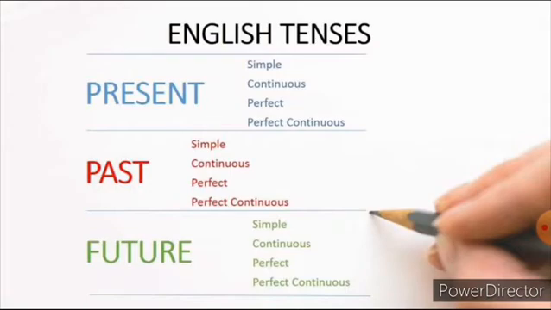And future, that is simple future, future continuous, future perfect, and then future perfect continuous. These are the 12 types of tenses. Now we are going to learn only about the simple tenses, that is simple present, simple past, and simple future, with a definition, rules, and also with examples.